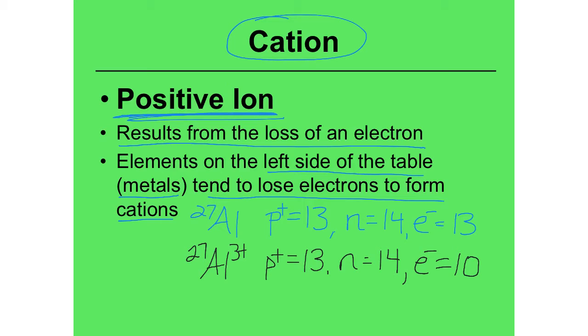So when we have a positive ion, we've lost electrons because we would have 13 positive protons, so a +13 charge from the nucleus, and then 10 negative electrons. So that's what gives us the overall charge of +3. So when you have a positive ion, you have lost that number of electrons.